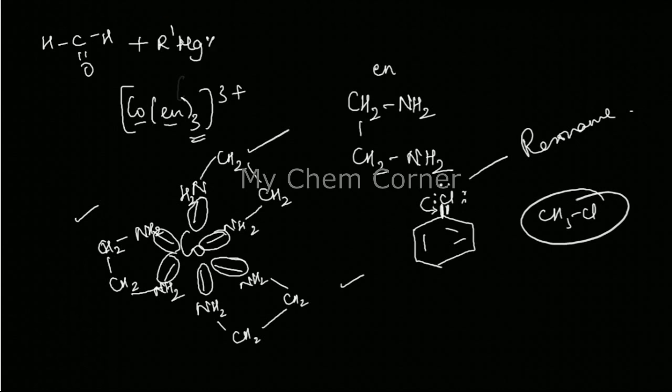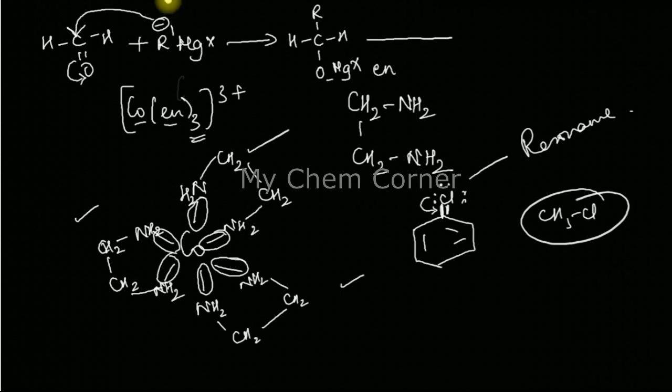They have not mentioned any specific name, so I'm writing a general reaction. In the Grignard reagent, R is negative and the remaining part is positive. So R will form a bond here and the double bond will break, giving R, H, and O-MgX.